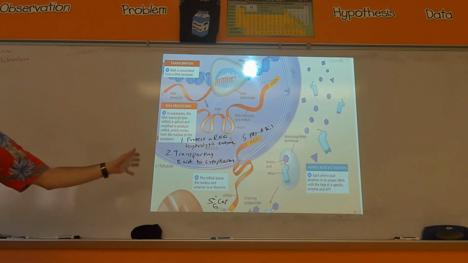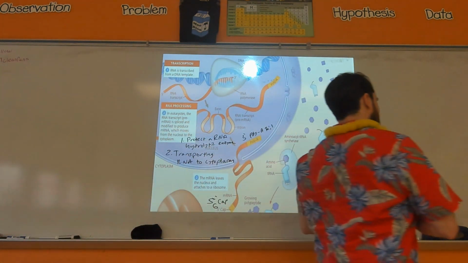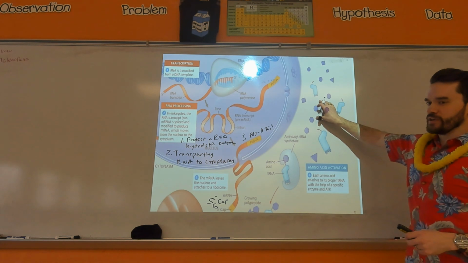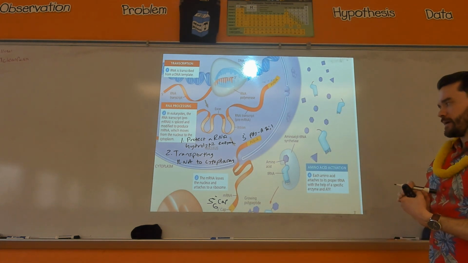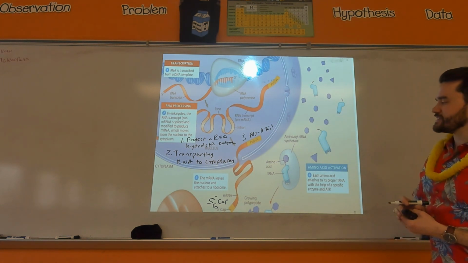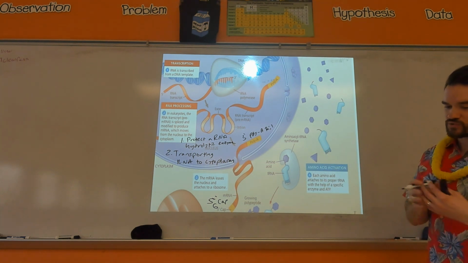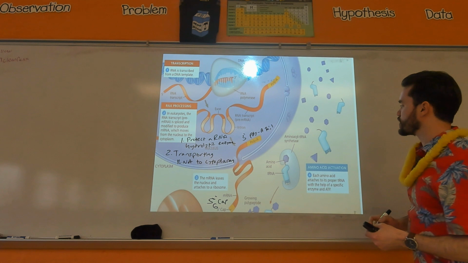Now, kind of simultaneously happening with all of this, we have our amino acids that we ultimately want to string together to make the polypeptide. To get those amino acids linked together, they must first bind to something called a tRNA.